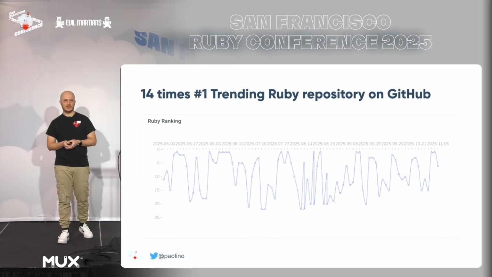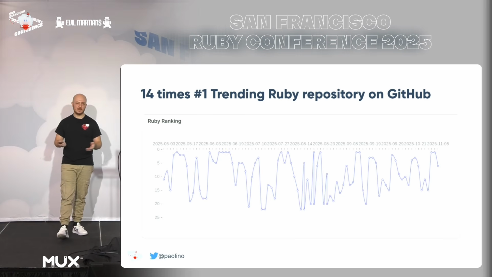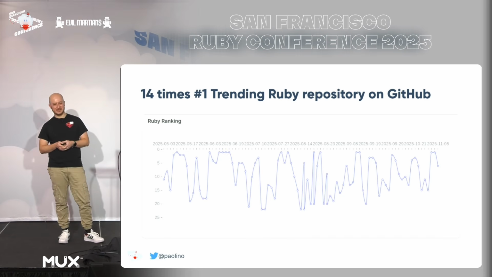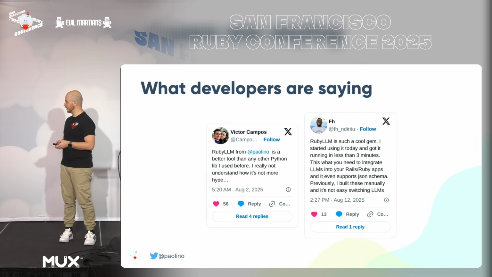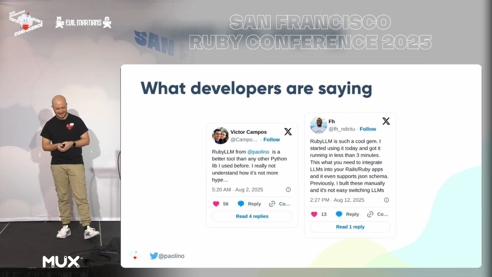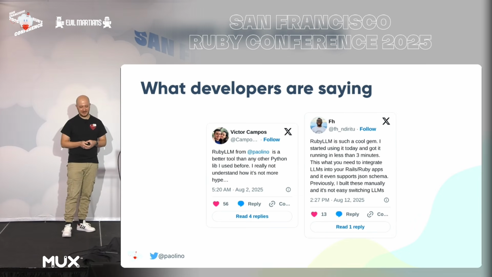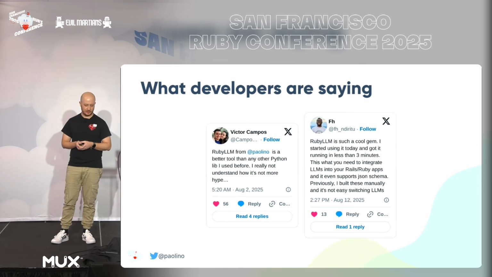The community has been really great, also sending issues and nerd sniping me in all kinds of ways for me to implement different things. And this is what the developers are saying. It was really cool to see that they realized it's better than any other Python library before. I really like that comment. And it makes it really easy to get up and running.